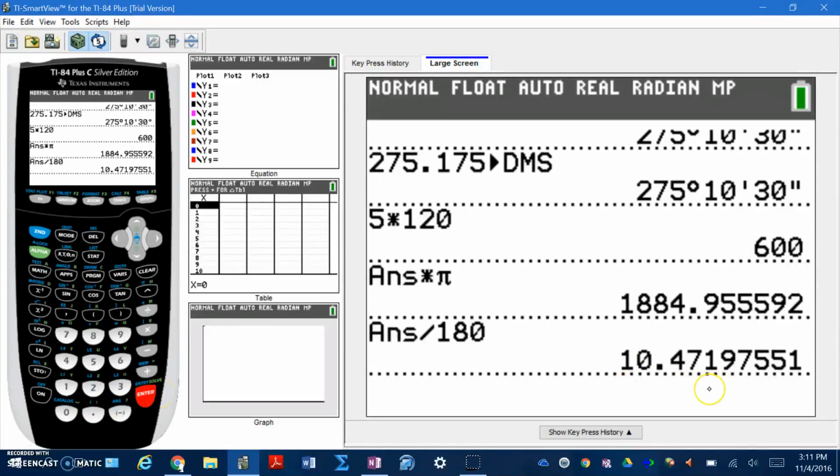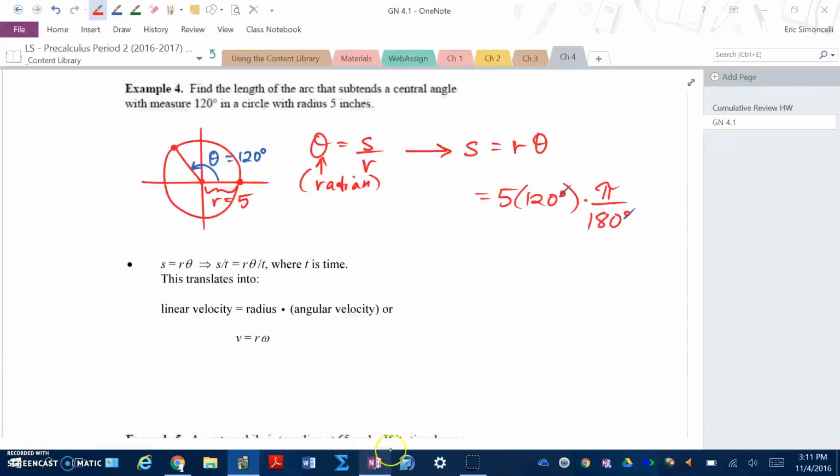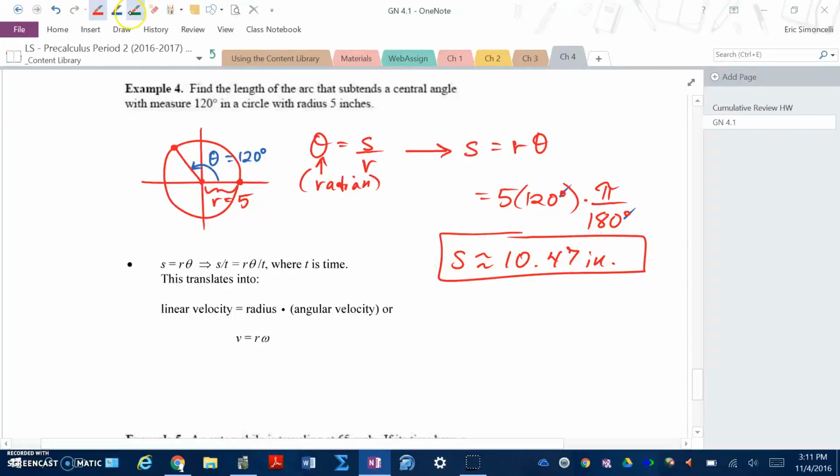So that arc length, 10.47 as an approximation, and we're in inches, is the measure of the arc length. If you recall, the arc length is right here in our picture. So s equals just that, 10.47 inches.